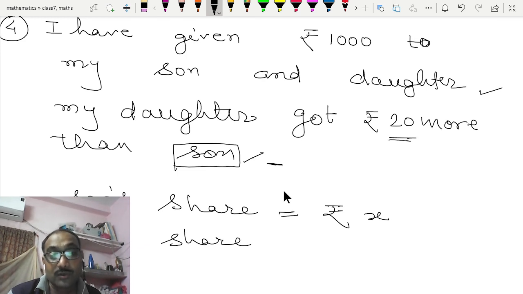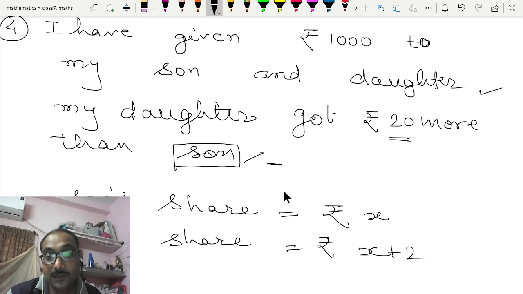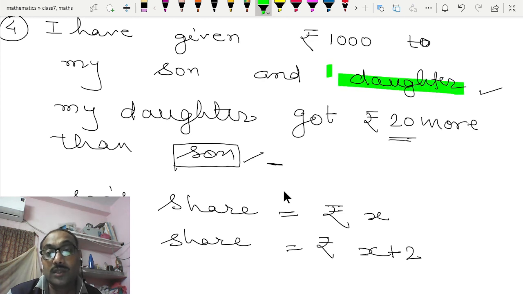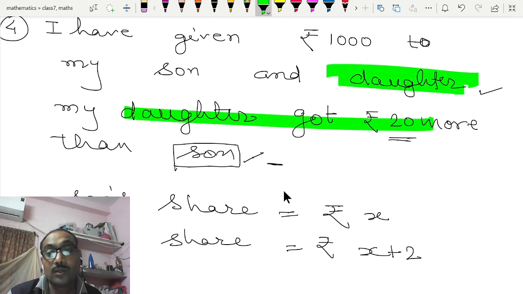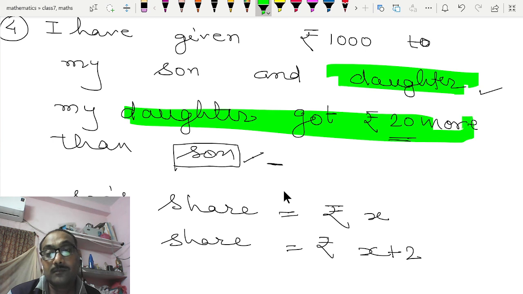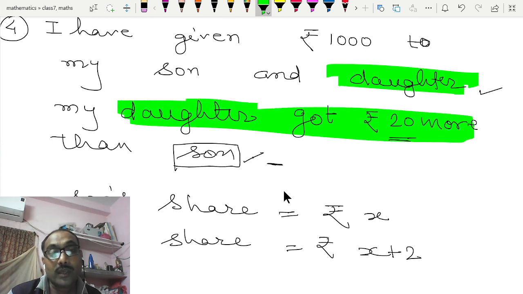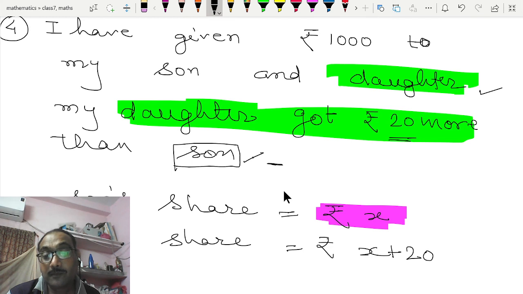That is 20 more. So it will be rupees x plus 20. So what you are watching here? Daughter got 20 more. Okay. So son has got only rupees x. Then daughter will get x plus 20. Understand?